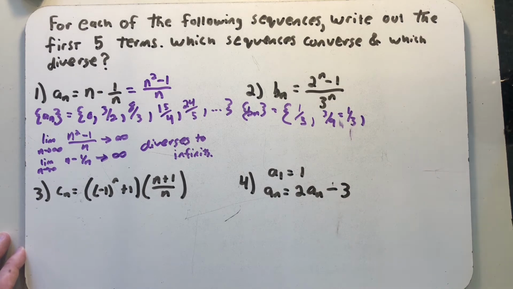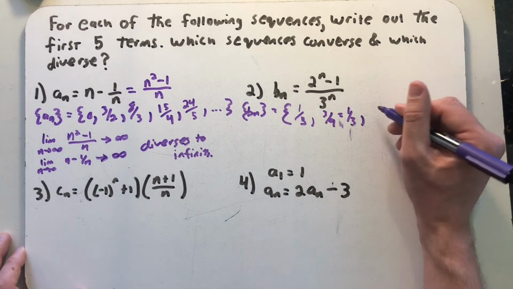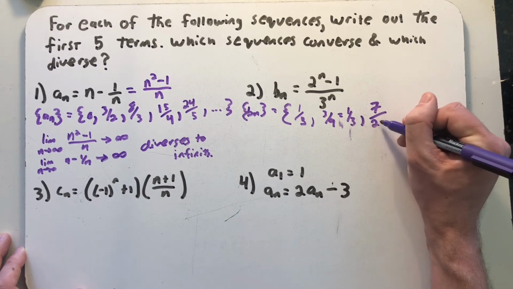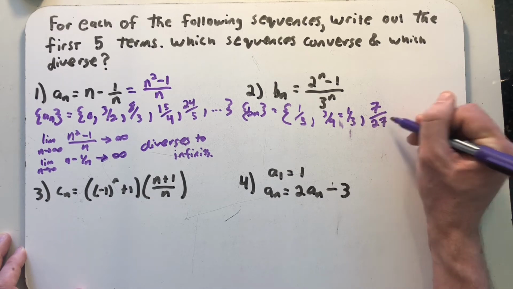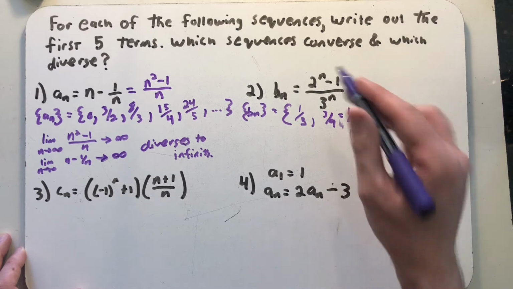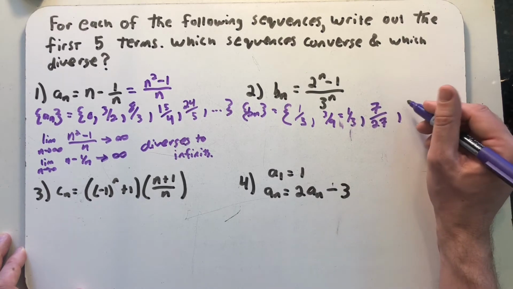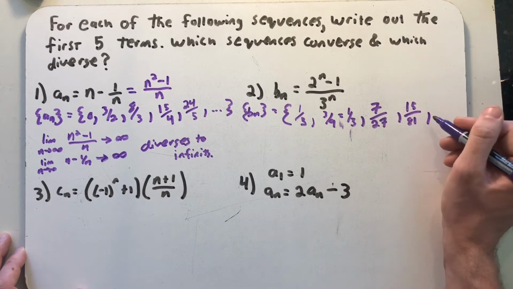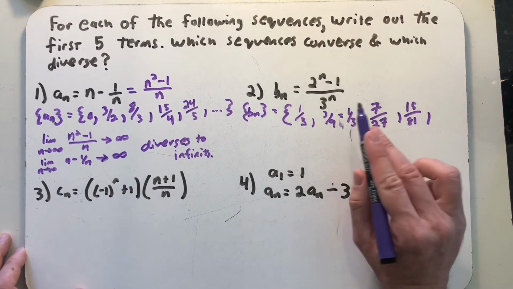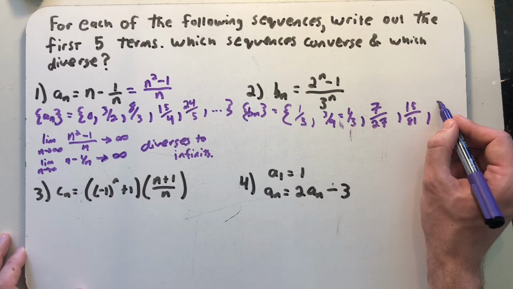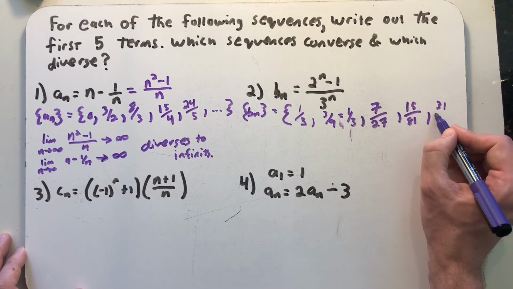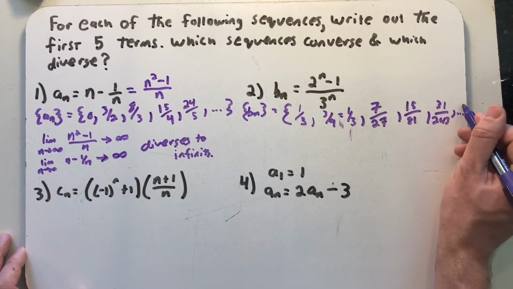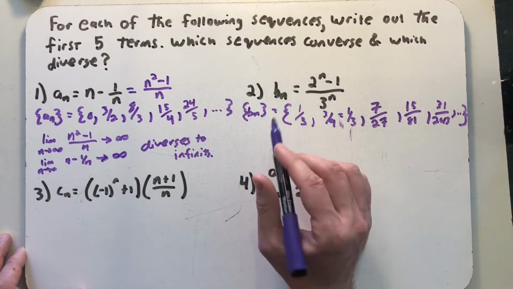My third term, I'm going to have a 7 over 27. Then 1, 2, 3, 4 on top. Let's see, 15 over 81. And then finally, one more term, I need to plug in a 5. That's going to be a 31 over 243. And that sequence continues on in that fashion.